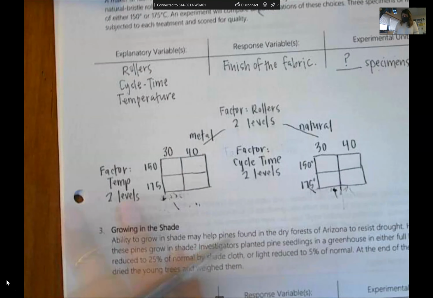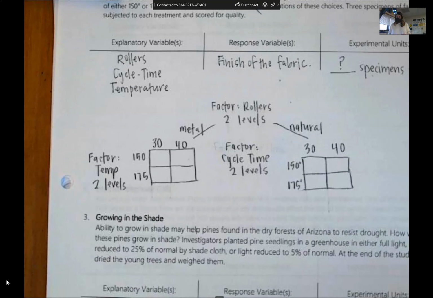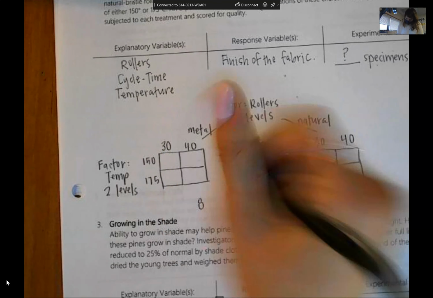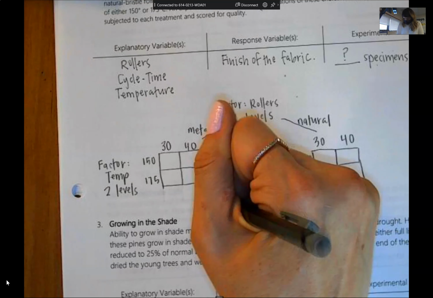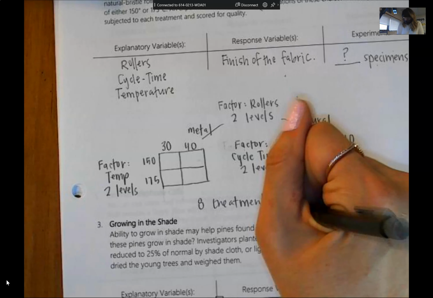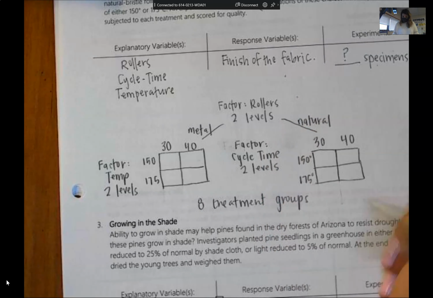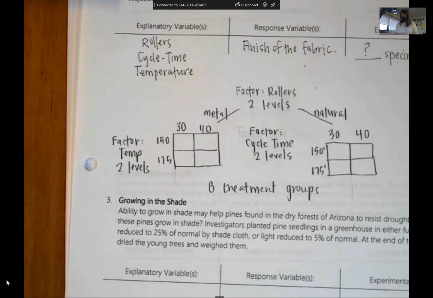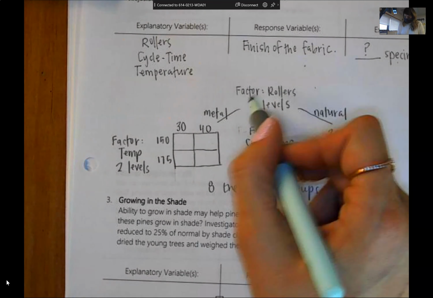So now I can see that there are 8 treatment groups, and my 3 factors are shown.